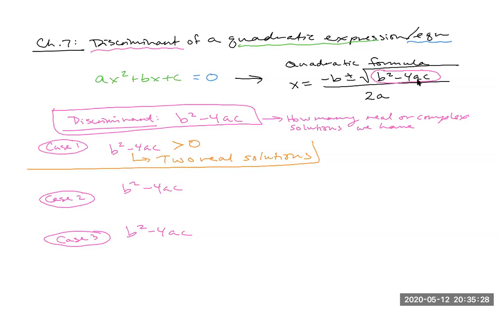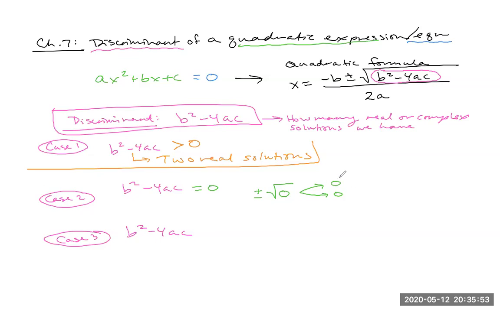Your second case, suppose your discriminant is equal to 0. Well, that means that b squared minus 4ac would be 0. When you plug it into quadratic formula, you're taking the square root of 0 with a plus minus in front. But remember, the square root of 0 is only 0, right? So you'll get 0 for both cases.